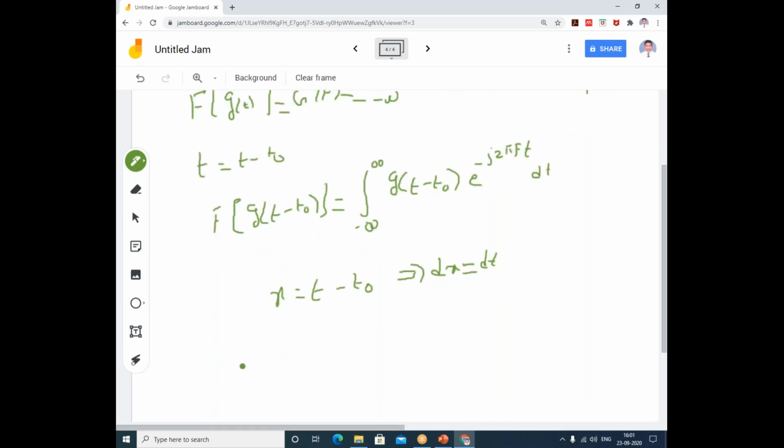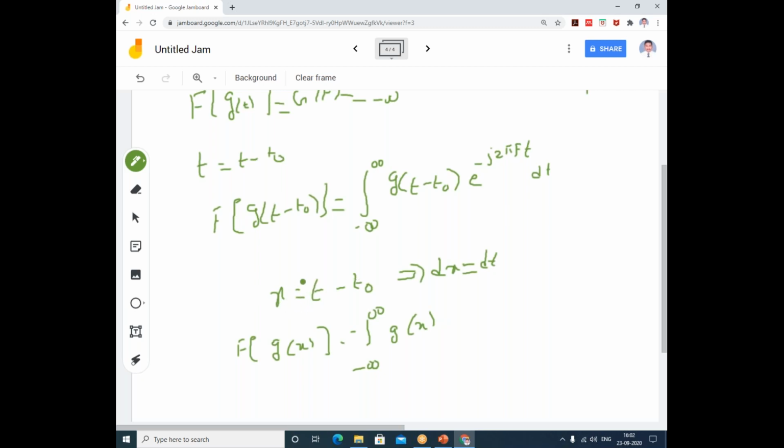Now you replace t minus t naught with x. Then I can write the Fourier transform of g of x, which is equal to integral from minus infinity to plus infinity g of x. Now you replace t.